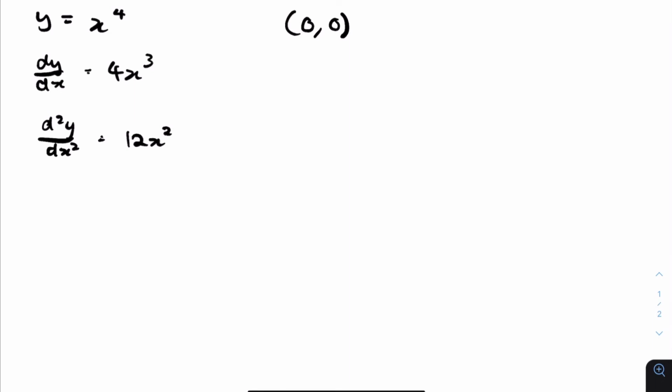Well, 12 times 0 squared is just 12 times 0, which is just 0. So 12 times 0 squared is equal to 0, which suggests that we have an inflection point. But we don't, because when we look at the graph, it's clearly a minimum point. So, therefore, we can tell that the second derivative test does have a few exceptions.